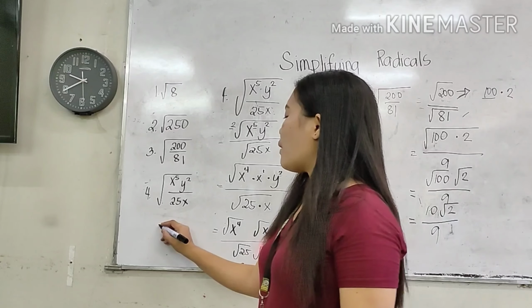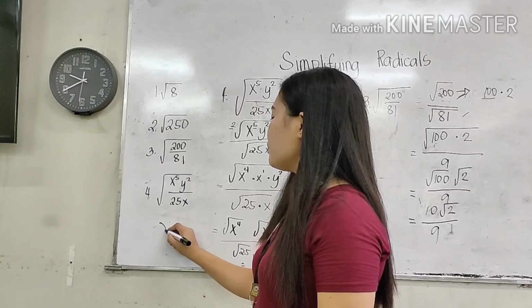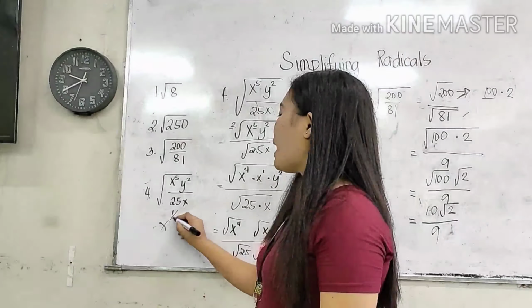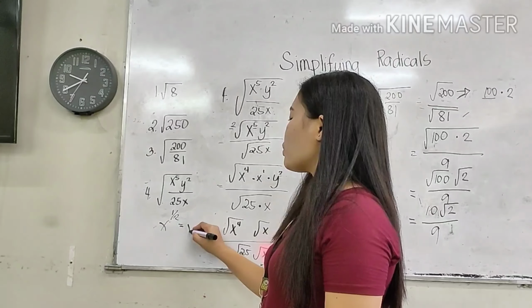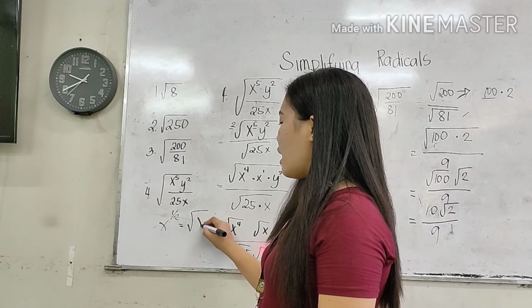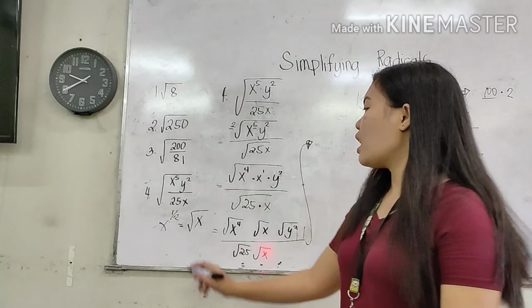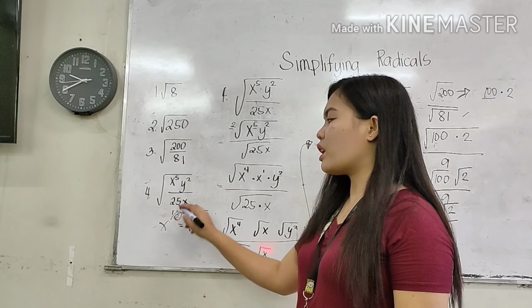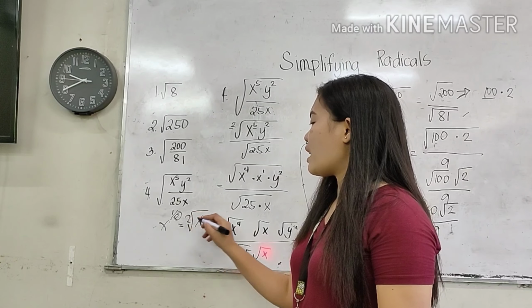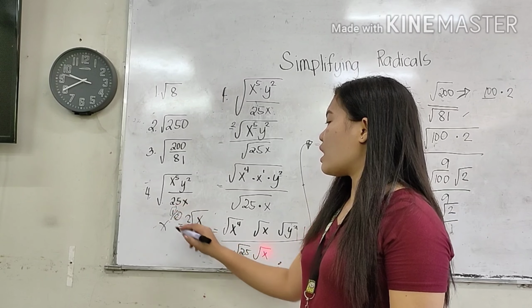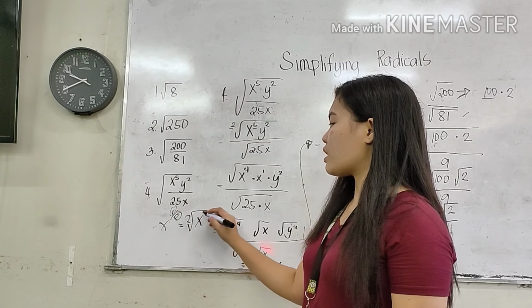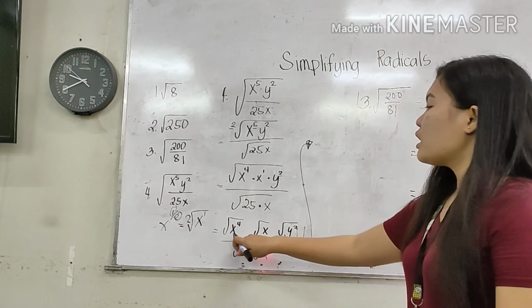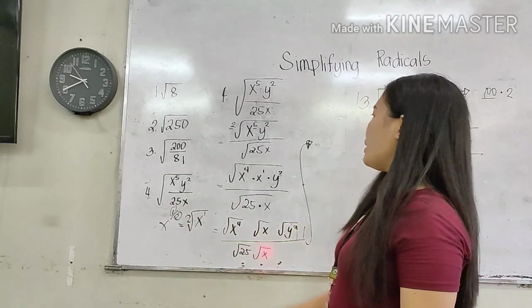For example, x raised to 1/2 is equal to square root of x. It means the denominator of the exponent is the index, and the numerator is the exponent. So we do the reverse here.